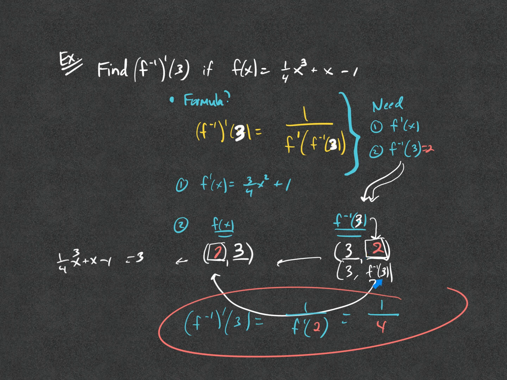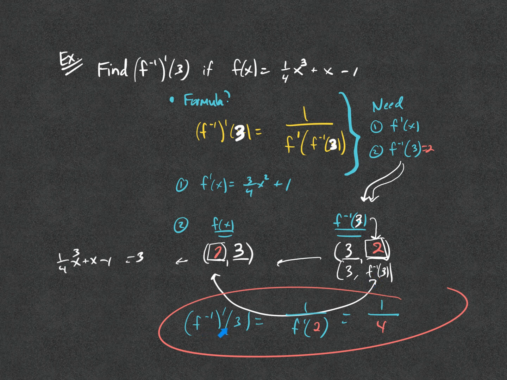We don't know that yet. But we know that if this is 3 for the input, it will be the output in the inverse function, and we can easily find what the input is that gives an output of 3 in our function, a quarter x cubed plus x minus 1. So we'll find the x value there, which is 2, and once you've found the x value there, that's the y value for the inverse function, and that's what we needed to know.